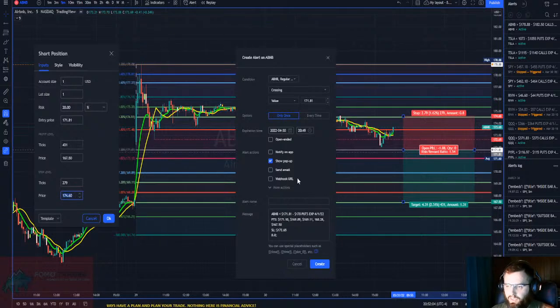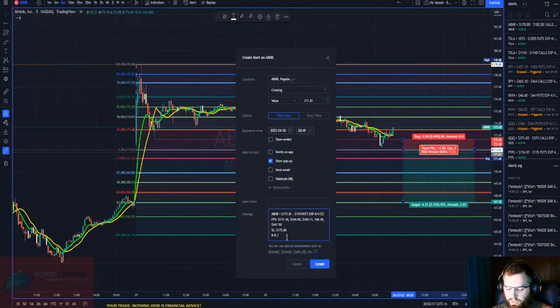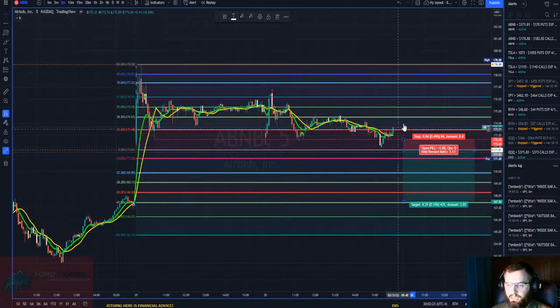And our stop loss is 172.65. So that gives us a 5.13 risk to reward ratio, which is just phenomenal. Over 5 times your money. I mean, that's what you want, guys. So we're going to set that alert. Now we have both of our alerts set up, ready to go, and pretty much automated.